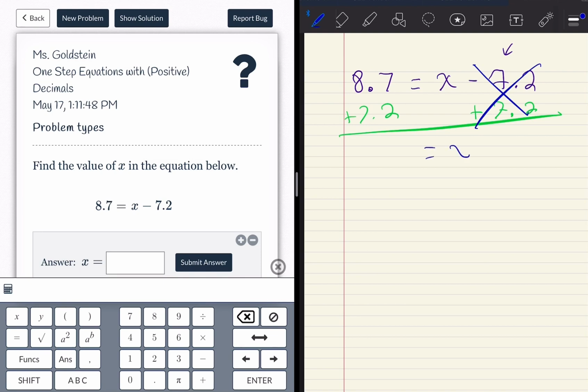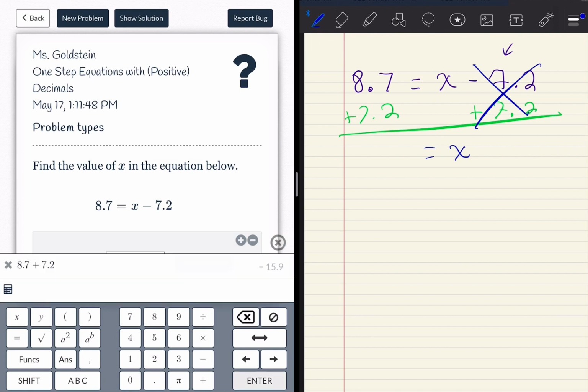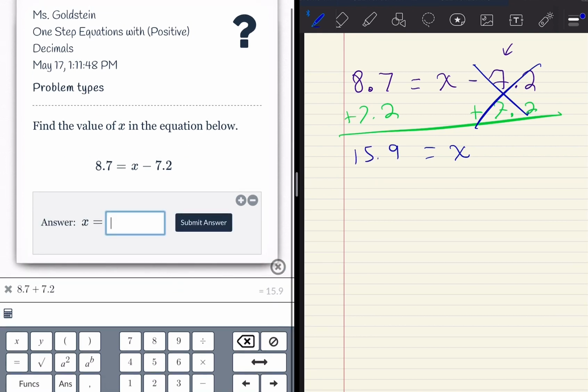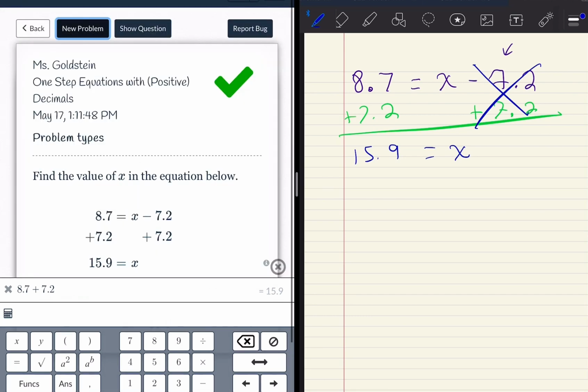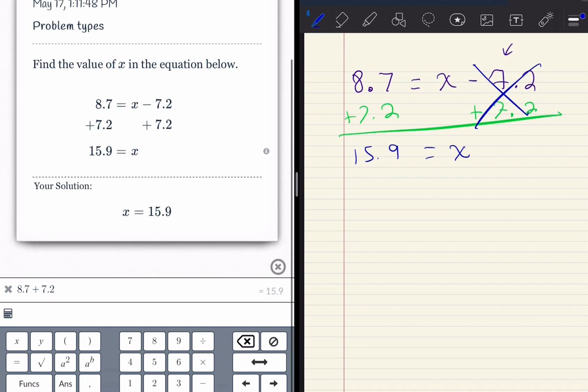I bring down x, and I just have to worry about this 8.7 plus 7.2. Forgot to put it in my calculator. 8.7 plus 7.2. Enter. 15.9. Type it in. Submit. Yes. Awesome. And they show you the steps there.